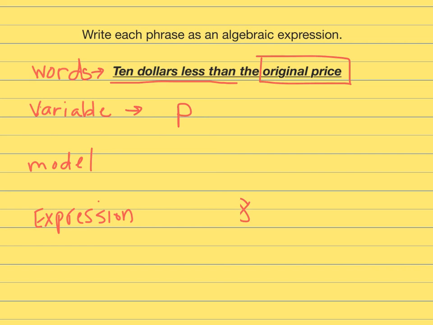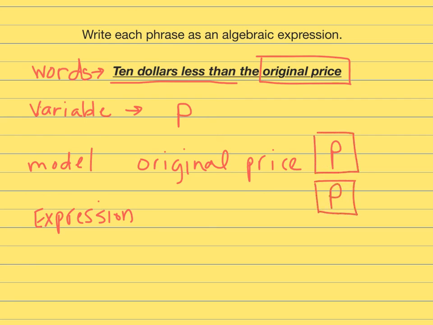So to model that, the original price is represented as P. So if the original price is represented as P, then P minus 10 from the verbal phrase would make my expression P minus 10, which gives me the operation less than to solve our answer.